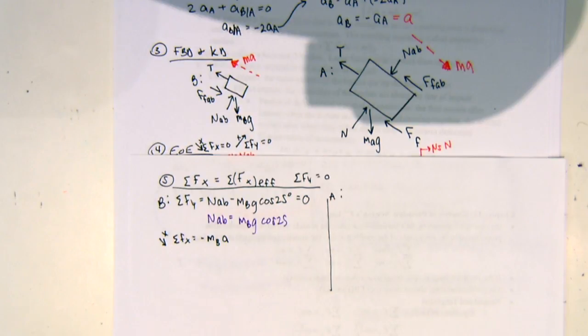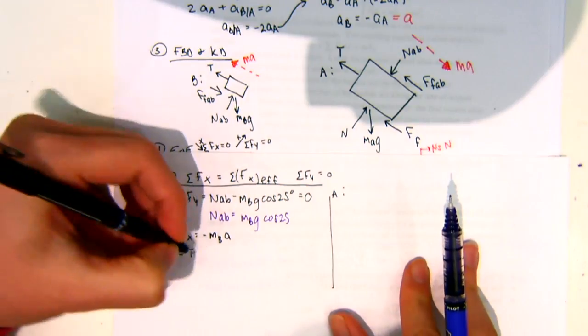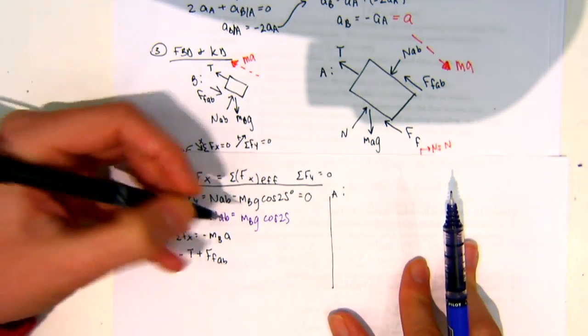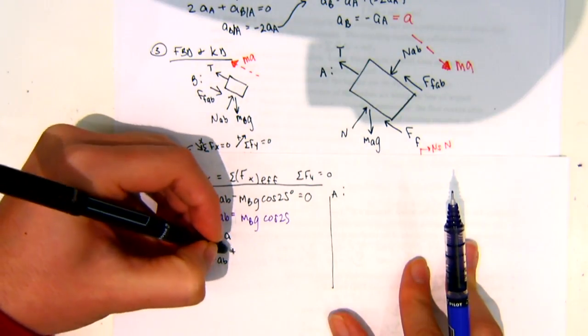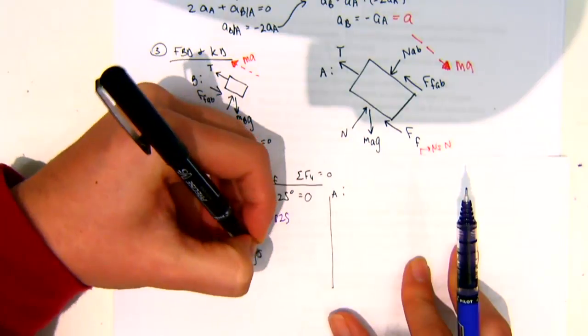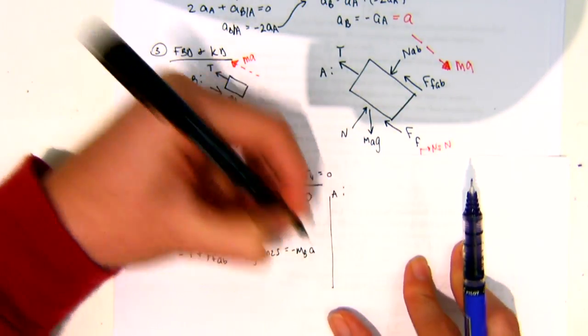Good? So I get negative T plus FAB plus MBG sine 25 is equal to negative mb times a.